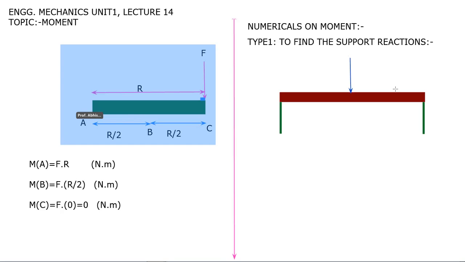Let's consider one more force, and for our practice purpose we will add one more force at this point. Let's assume that this point is A, this point is B, this one is C, and the last one is D.